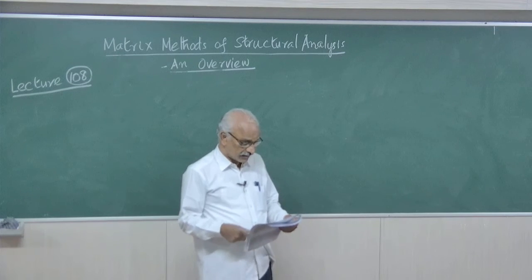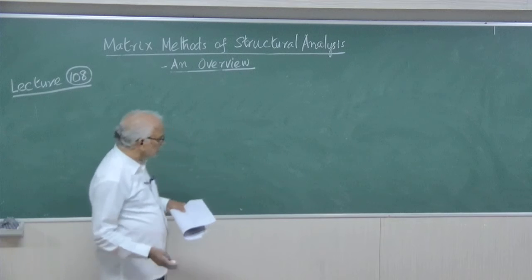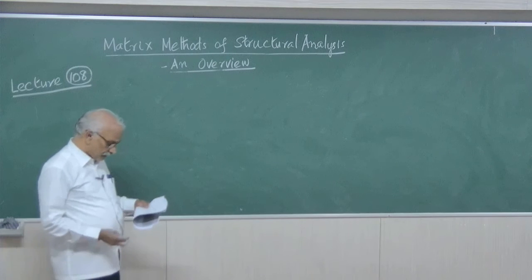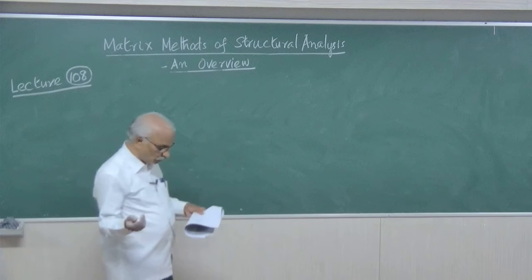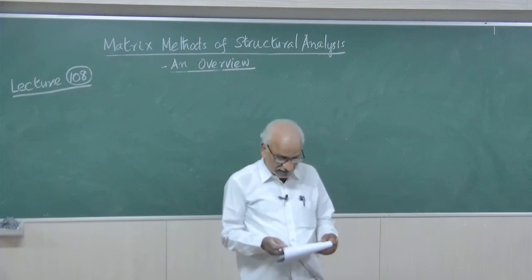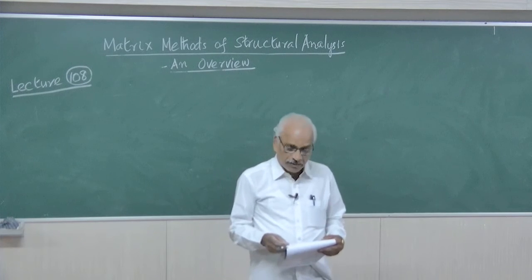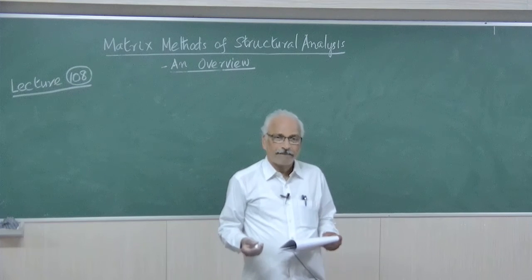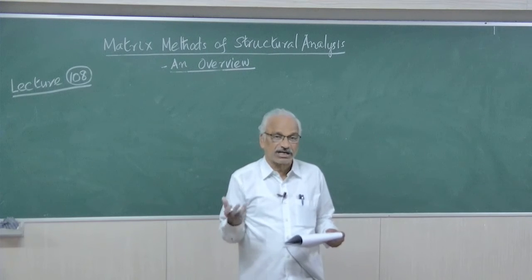And stiffness coefficient we have discussed, force vector we have discussed. The displacement may be rotation or vertical settlement, that also we know. The basics 4EI by L, 2EI by L and 6EI delta by L square will be required for application. Primary unknowns are displacements. In the matrix flexibility method, we directly find the redundant forces.